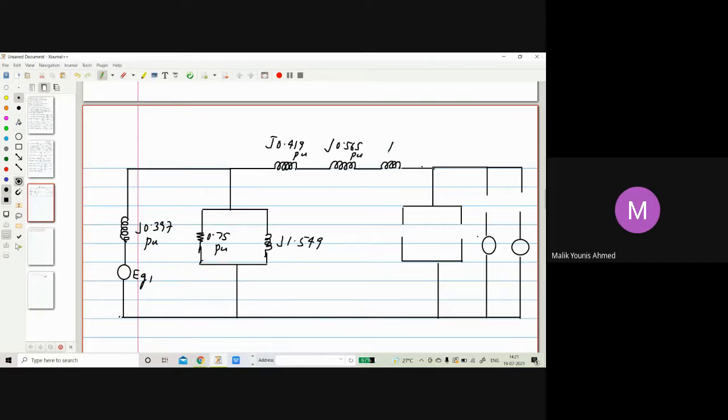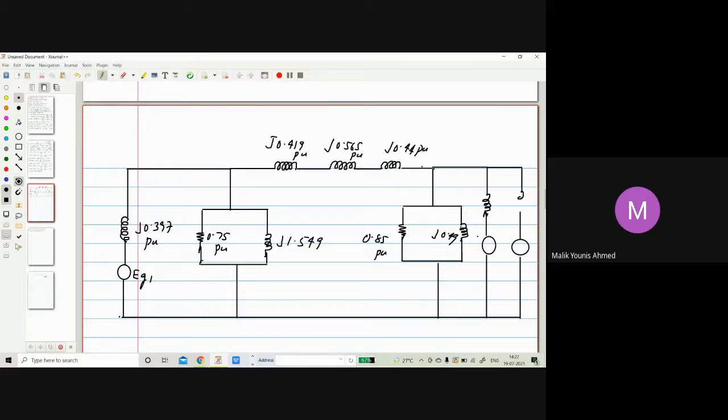And then we have j0.44 per unit. Then load B, resistance modeled in parallel. So we have 0.85 resistance. Reactance we have j0.49.